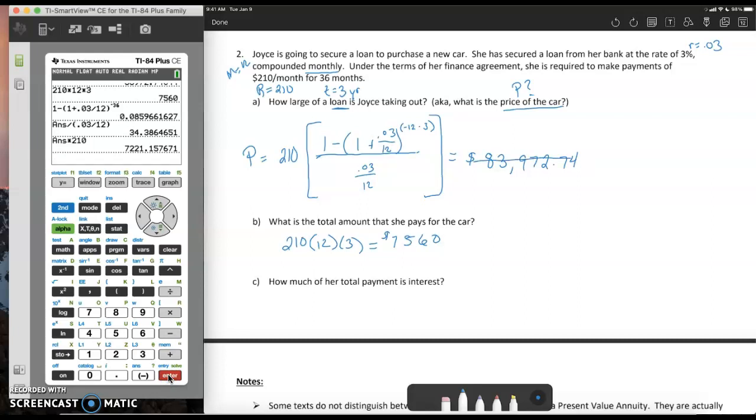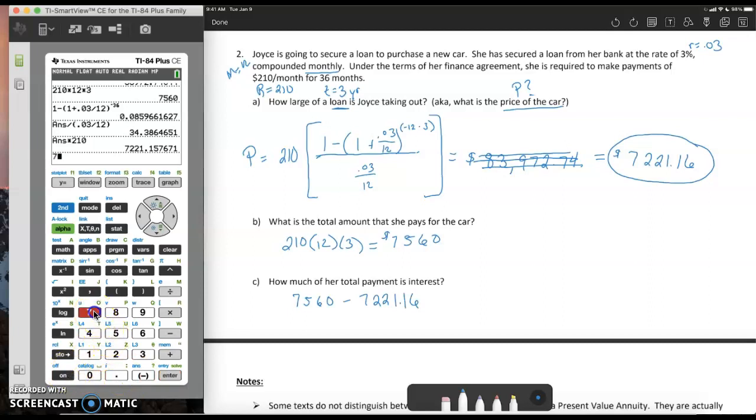So, again, strike through that. I was thinking that was an awfully expensive car. This makes more sense. So the car was $7,221.16. She pays back $7,560, so she repays more. How much of the total payment was interest? So we just need to do a subtraction there.